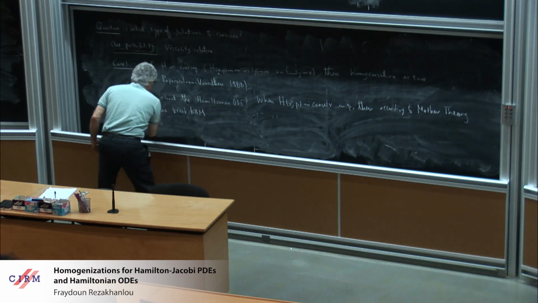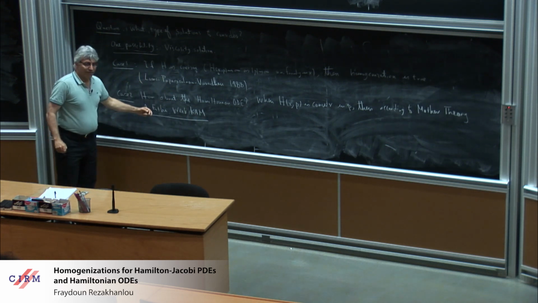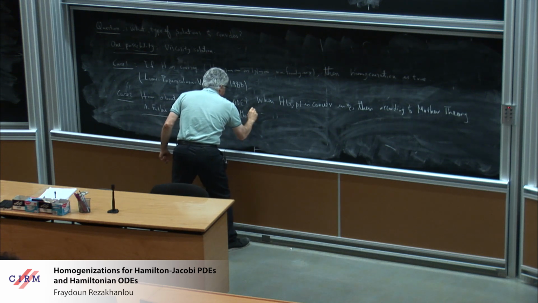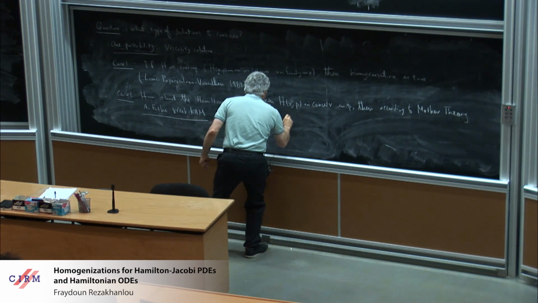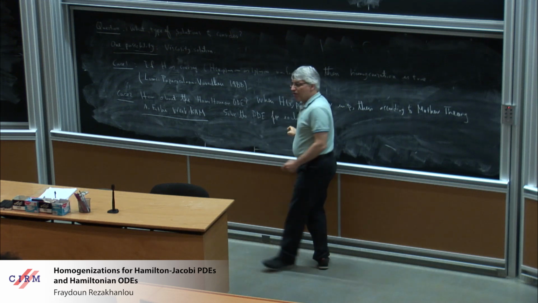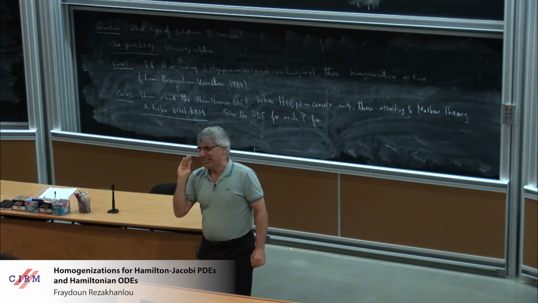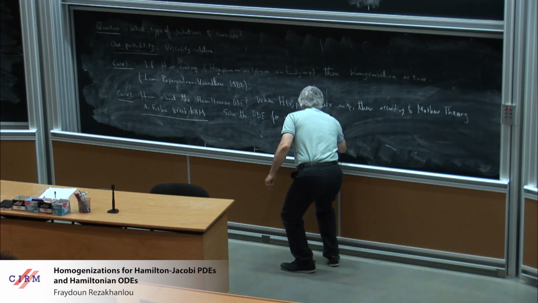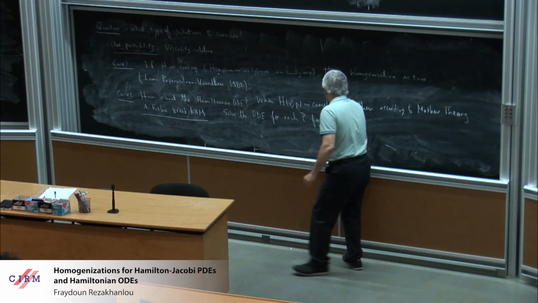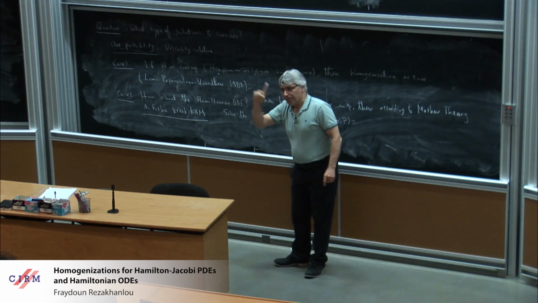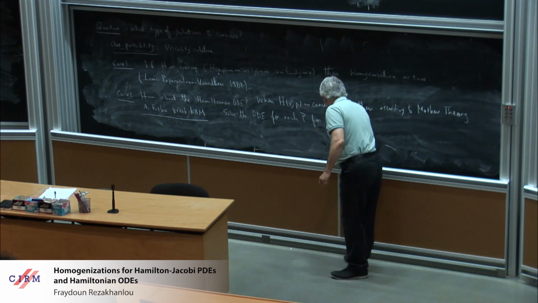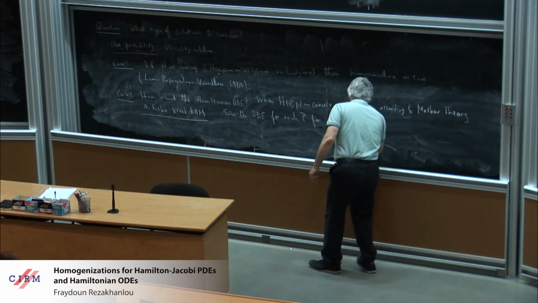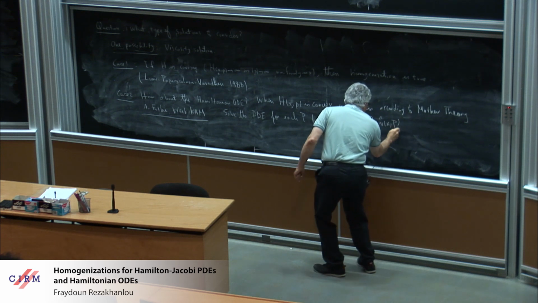Many other people work in this area, but you can find the details in a book that Fathi wrote on weak KAM theory, which basically says: solve the PDE for each P. Now is the time that I give you a precise condition to guarantee the existence of a unique H bar of P. Also for the function w(x,p), since the Hamiltonian is periodic in the position variable, you want to choose w(x,p) that can be expressed as x·p, a linear function, plus some w hat (x,p), where this piece is periodic in x.